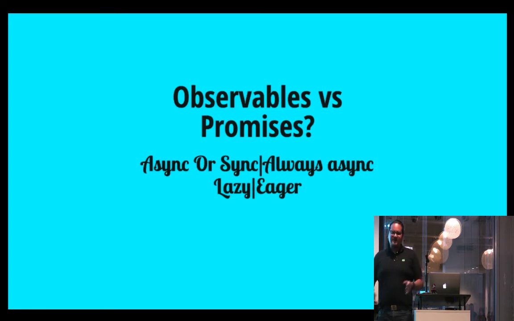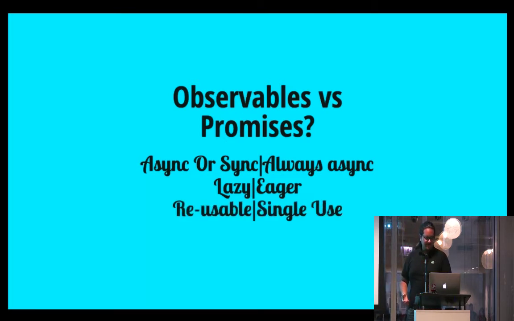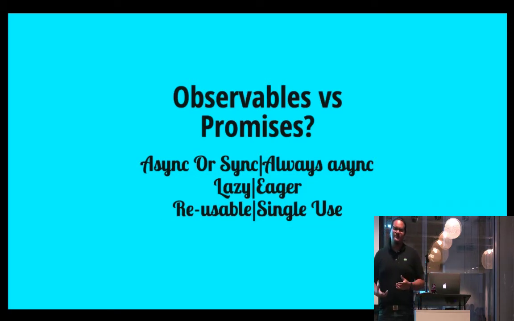I can pass it around, I can map in one place, reduce in another, and then when I'm ready to call them, I just subscribe to those different observables. That makes observables reusable. Because they're lazy, I can create one observable and then just clone it and pass it around to different places. I can manipulate those properties and essentially create a very flexible API using one source of observables.